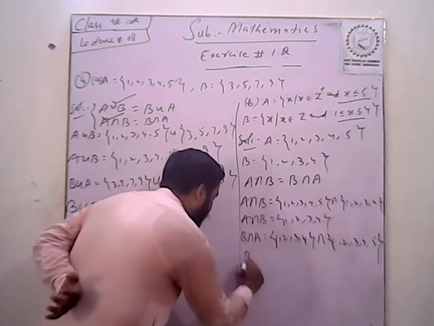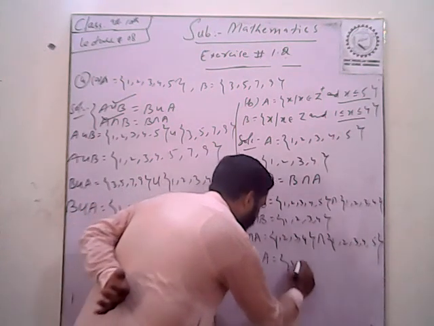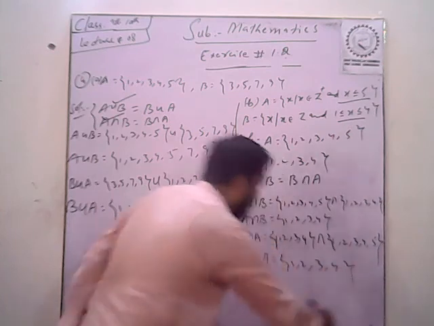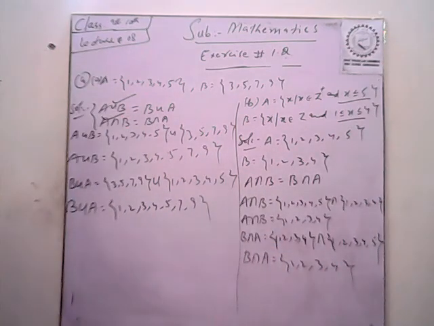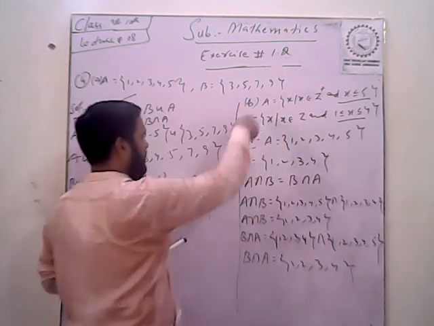So B intersection A is equal to {1, 2, 3, 4}. You can see the commutative property is proved with respect to intersection, and also you can prove these values you have been given.